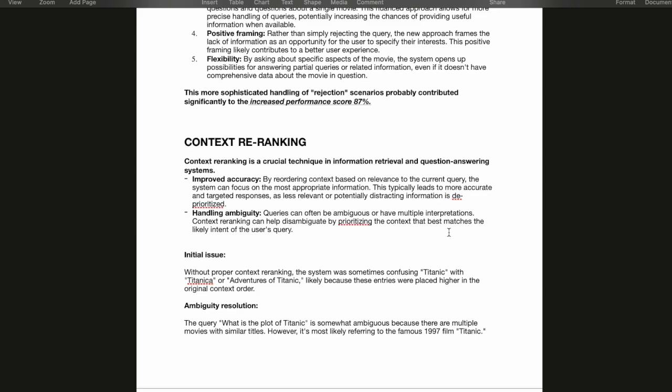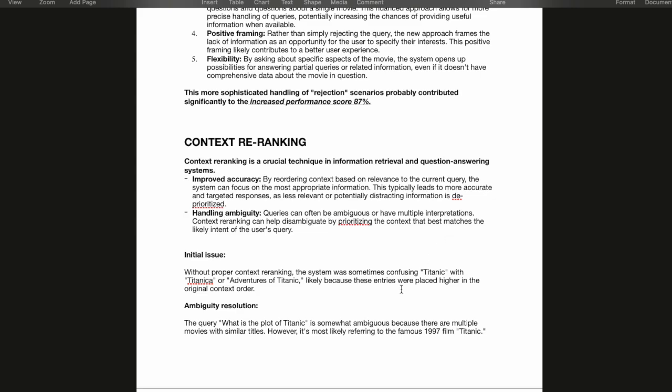So our answer can be in the third or fifth document as well; it is not always necessary to be the first one. Since the attention mechanism doesn't uniformly give attention to all parts of the context, context re-ranking really helps improve the performance of our system.